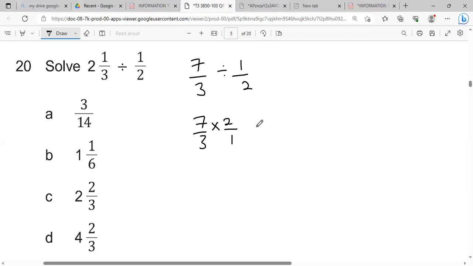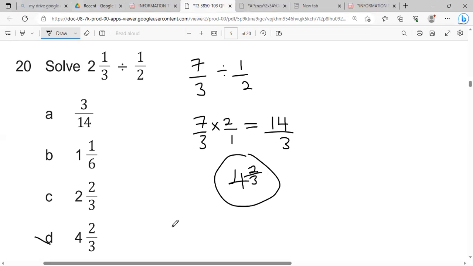So now we can multiply across, 7 times 2 is 14, 3 times 1 is 3. Now, how many groups of 3 can we get out of 14? 3 ones are 3, 3 twos are 6, 3 threes are 9, 3 fours are 12, 3 fives are 15. We'll pass it, right? So clearly we can see it's 4. And then 4 times 3 is 12. 12 from 14 leaves 2 over 3. So our answer in this case would be D.